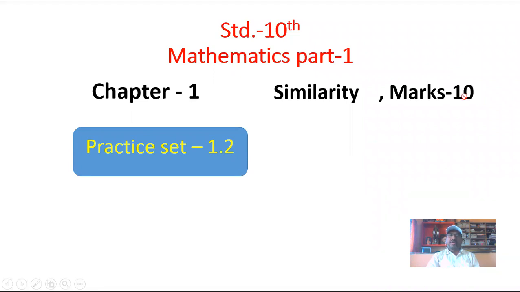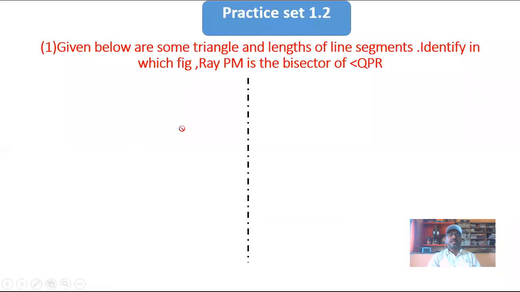Practice set 1.2. The first problem: given below are some triangles and lengths of line segments. Identify in which figure ray PM is the bisector of angle QPR.